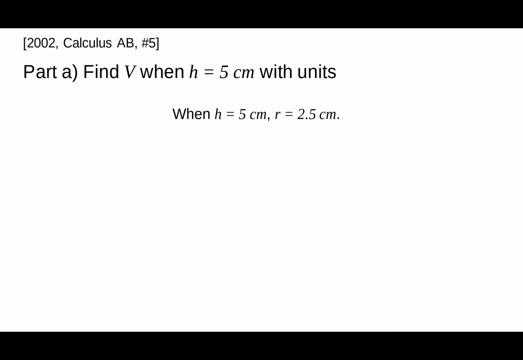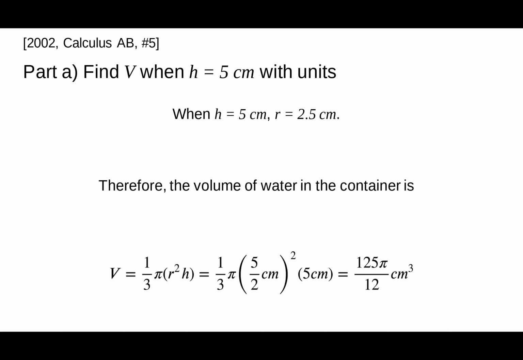All right, so using the similar triangles and understanding that the radius will be half the height based on the diagram provided, when the height is 5 centimeters, the radius is 5/2 centimeters, or 2.5 centimeters. To calculate the volume, we use those numbers in the formula for the volume of a cone: V equals 1/3 pi r squared h.